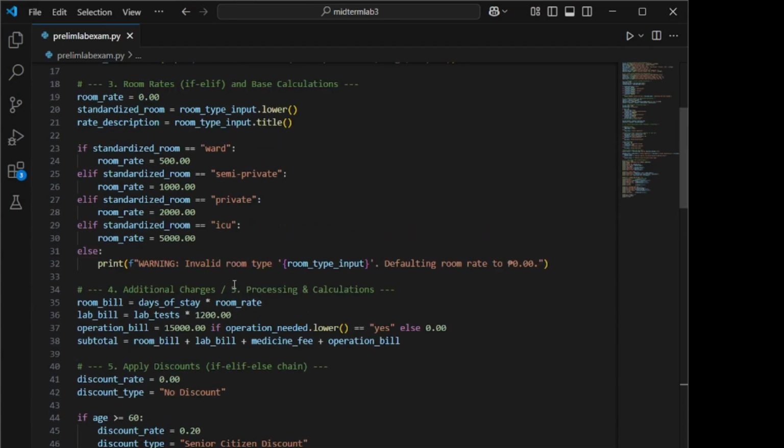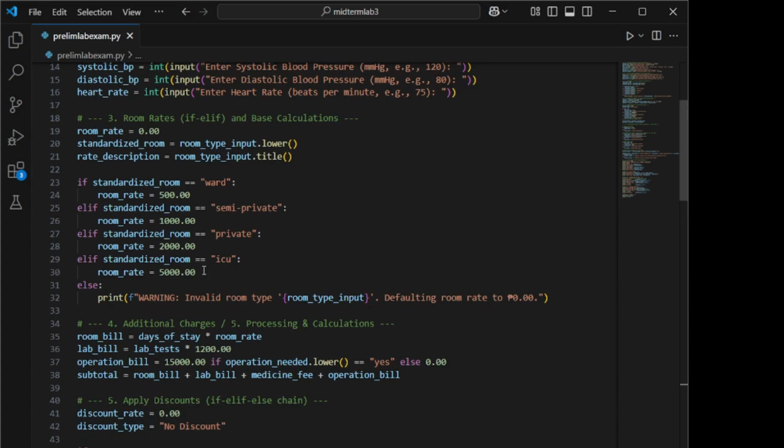And I forgot to tell you that we have here the default fixed rate of our room. So the ward is 500. And so we stayed for 5 days, right?